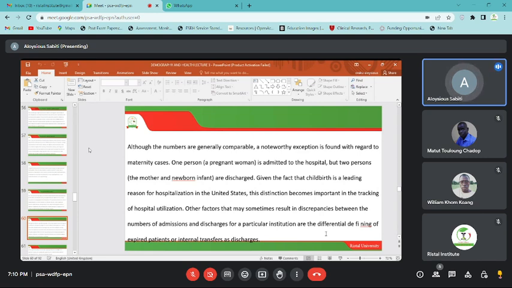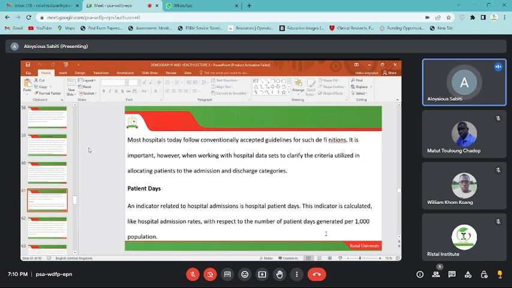And when you're discharging them, you will discharge both the mother and the baby. So this may lead to rises, but the fact that it gives you an eye into trying to understand the most common reasons for hospital admissions helps you understand how this is critical in trying to plan.